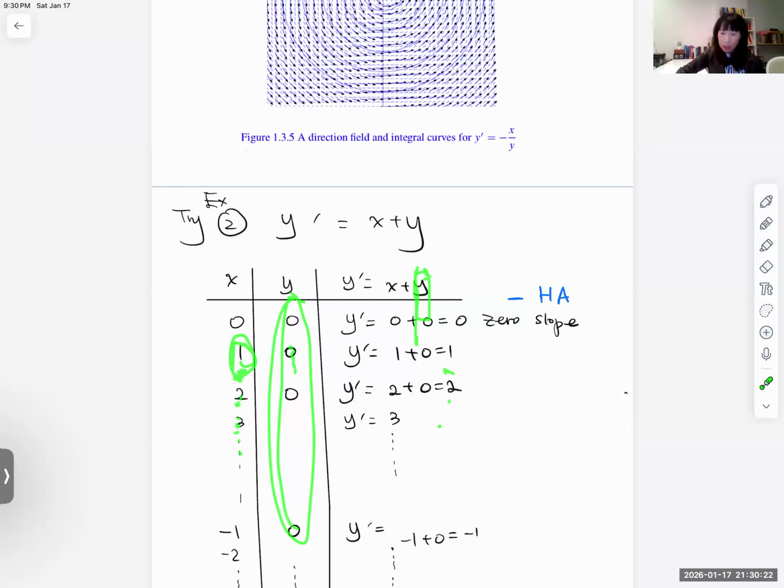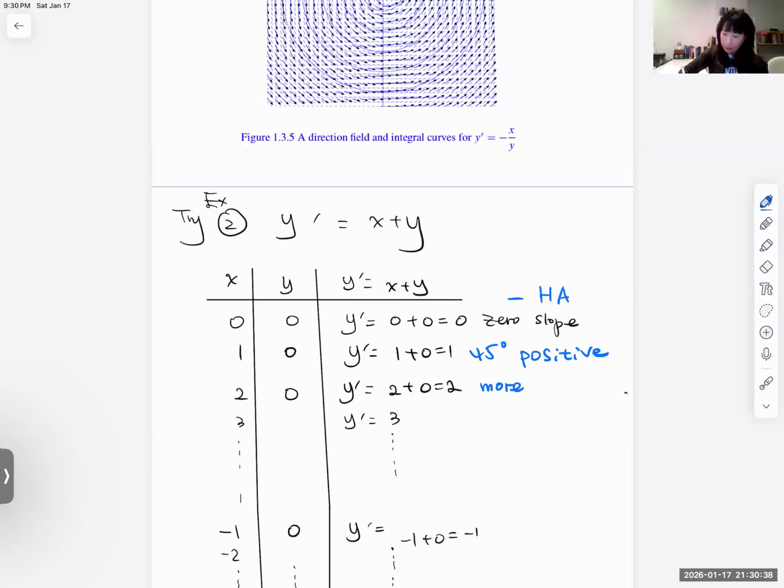So 1, a 45 degree positive slope. And 2, more steep. 3, more steep. 4, and so on, right?